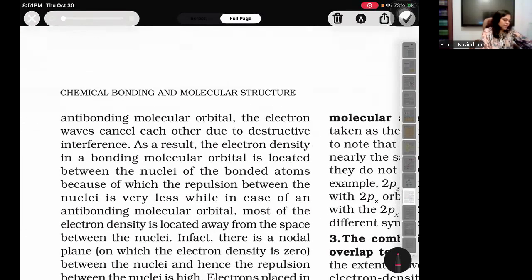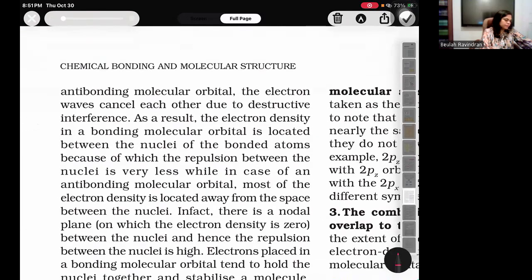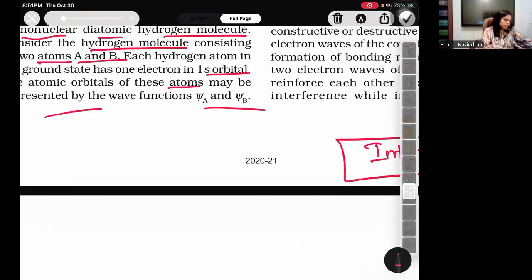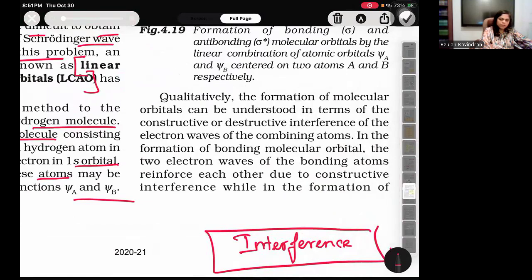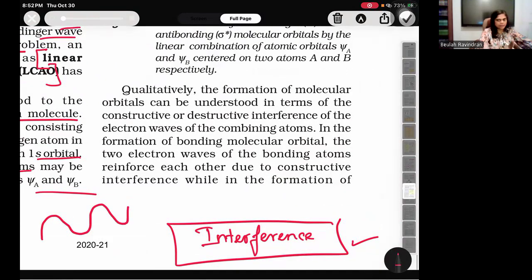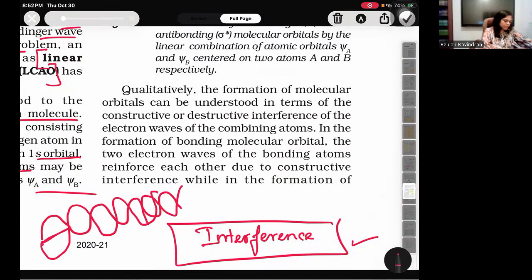See, for example, I will explain. The electron wave, this is one hydrogen atom. From one hydrogen atom, one electron is moving. If another moves like this, then it forms a constructive interference.